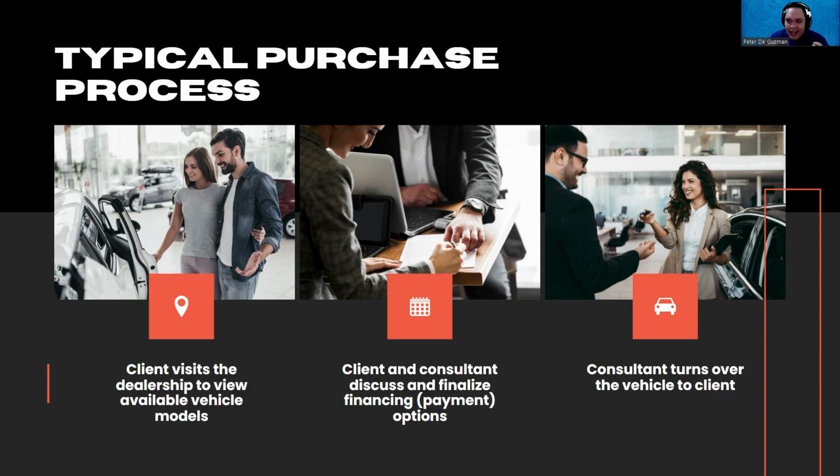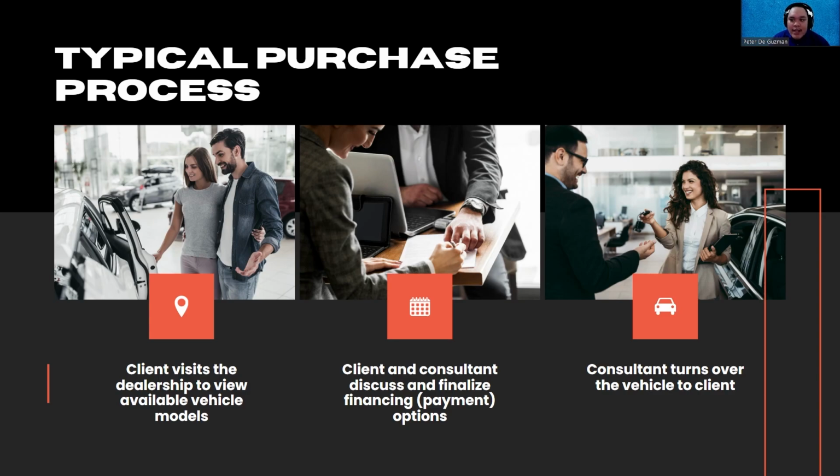And in a car dealership, this is the typical purchase process to expect. There are a lot of activities, engagements, and time devoted involved in a typical purchase process. But for the sake of simplification, we can actually divide the entire story of a vehicle purchase into three segments.